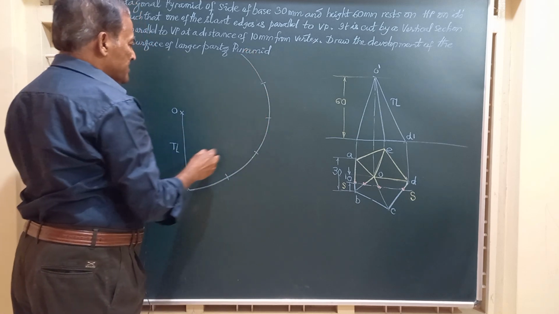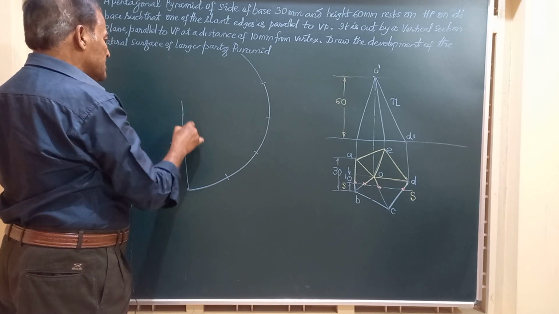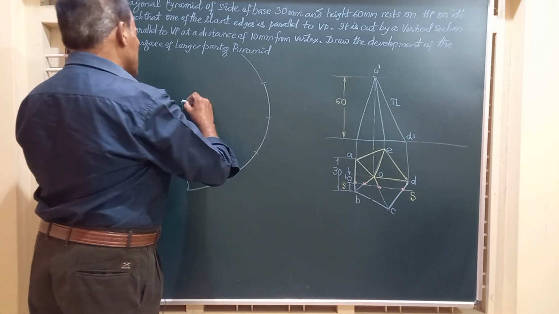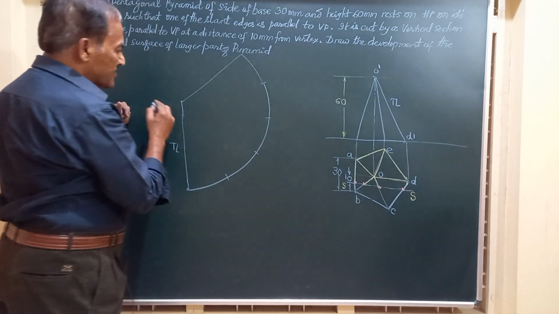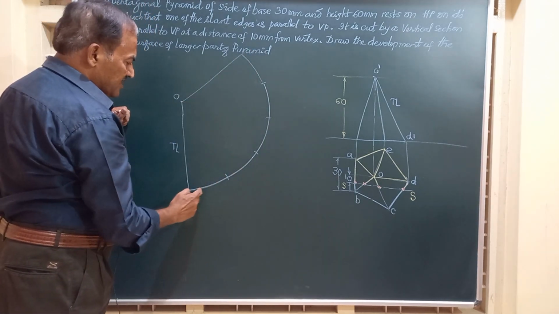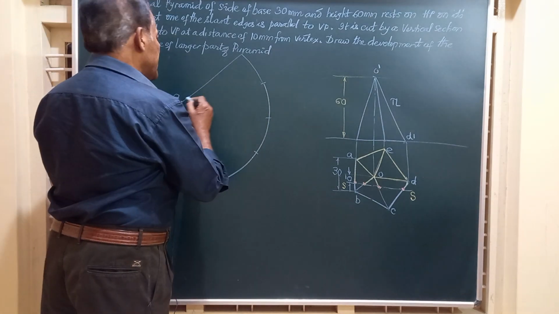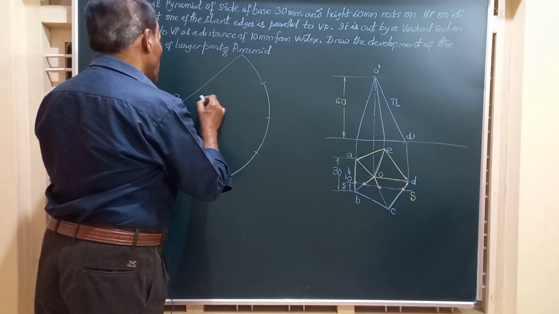And friends, we will join this to the last point, and through all these points, say A, B, C, D, E, we will draw the lines joining that point to the vertex.